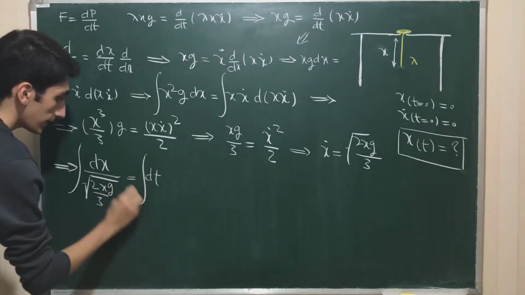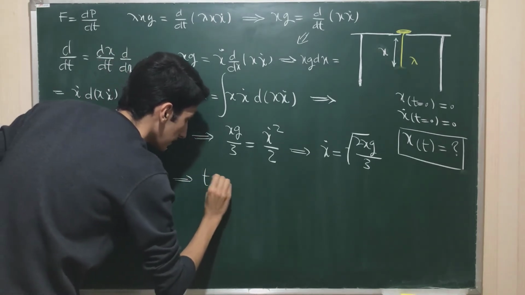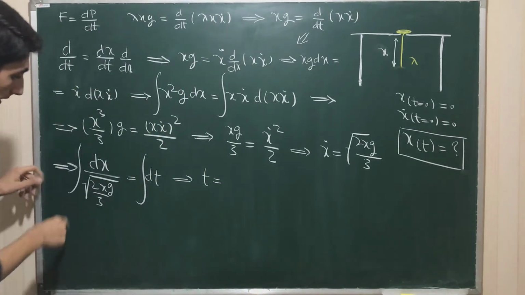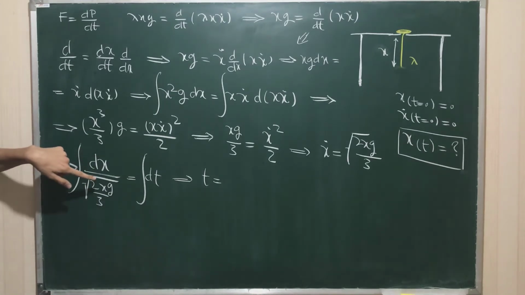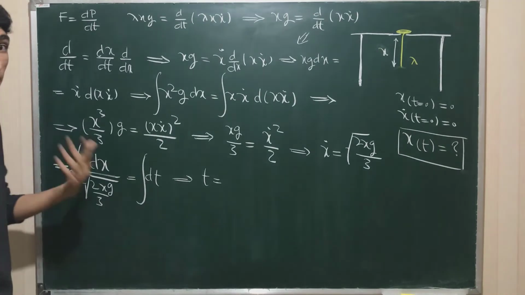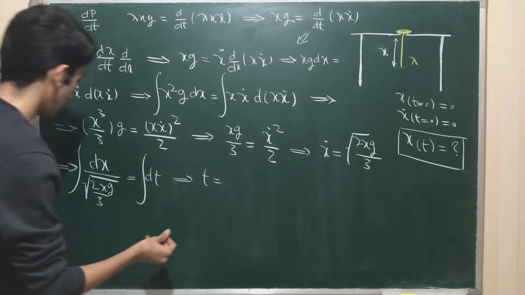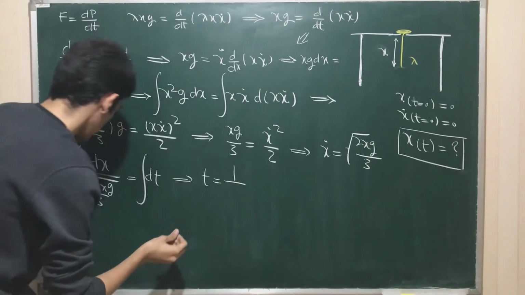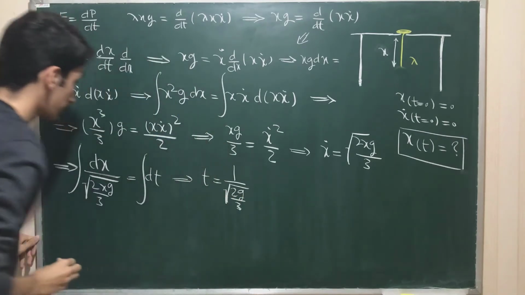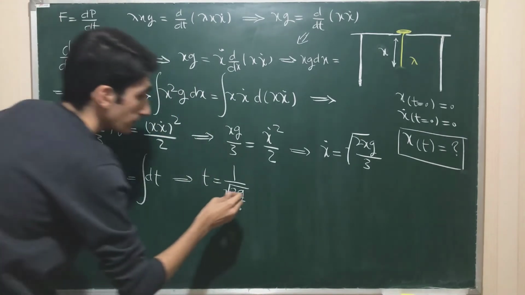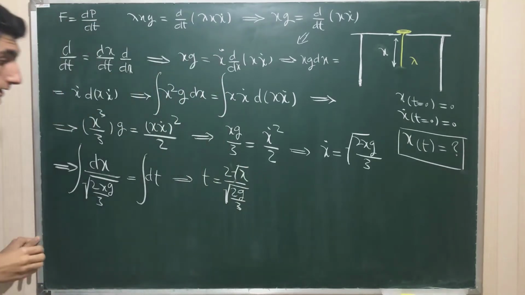And again, if I integrate both sides, I would get t is equal to, we know that the integral of 1 over square root of x is equal to 2 times the square root of x plus some constant. And from that I can write 1 over square root of 2 times g over 3 times 2 times the square root of x.